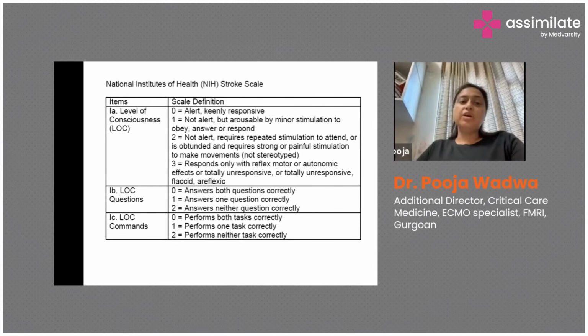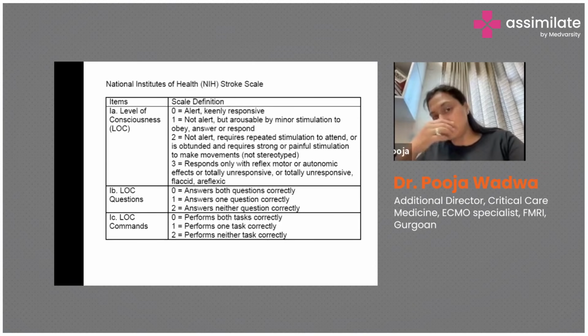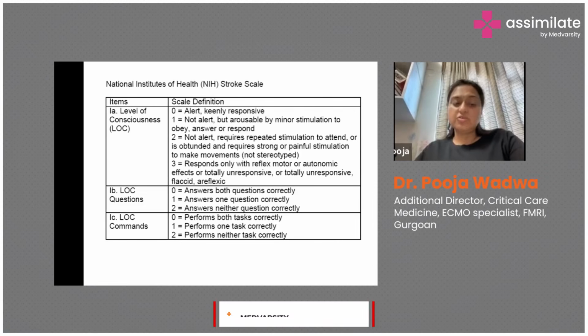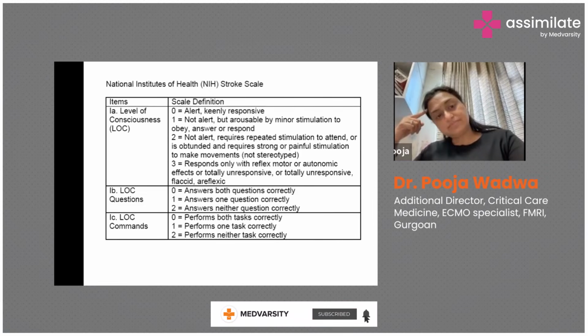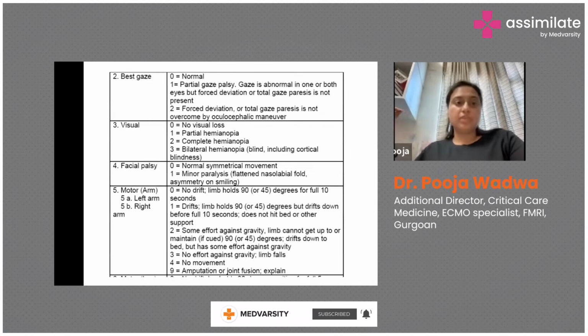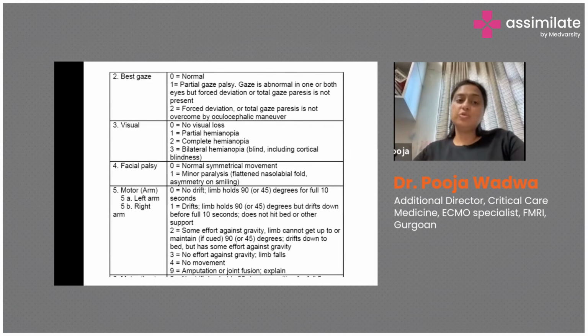Now coming to the NIHSS scale, which includes level of consciousness, which will be scored from 0 to 3. Level of consciousness questions will be from 0 to 2. Commands 0 to 2. Next. Best gaze 0 to 2.